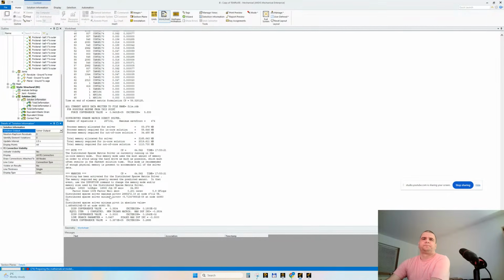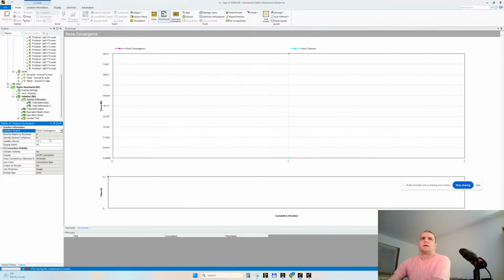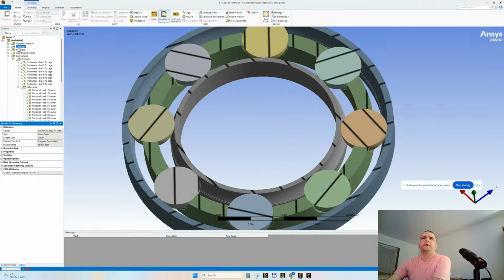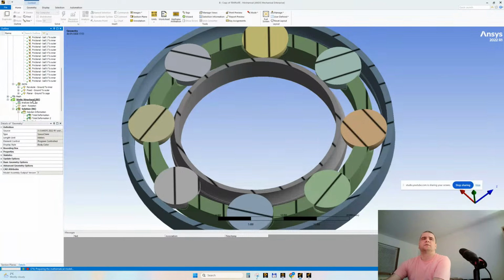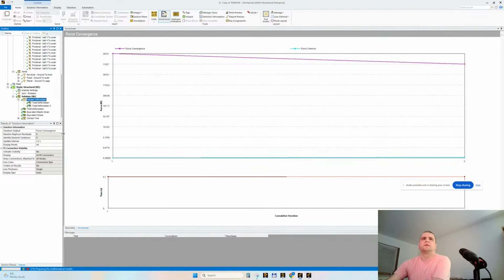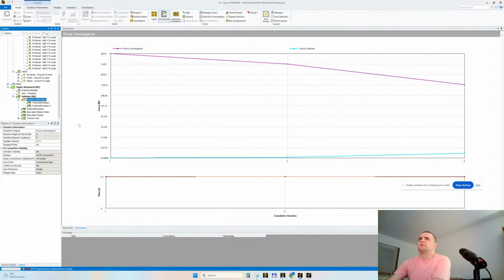Come on. I am almost at the point where I think I will suppress half of the balls and run with fewer balls just to make the FEA solve.